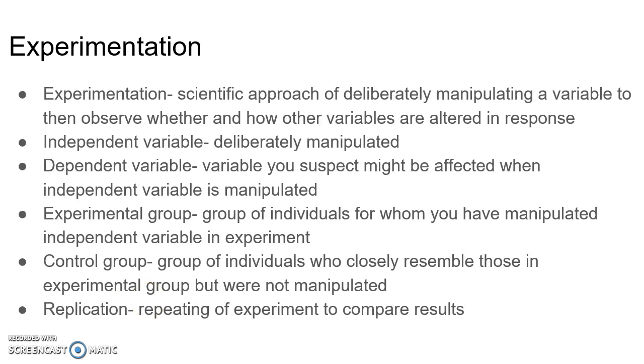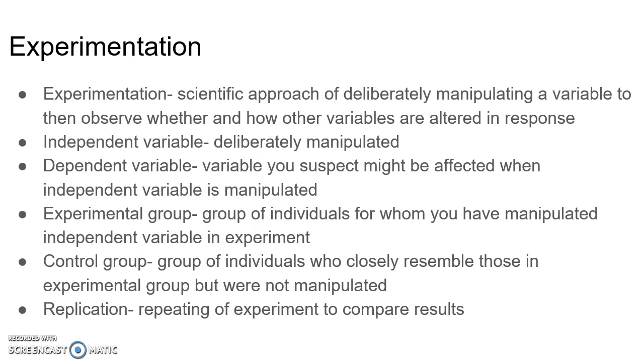Once the hypothesis is established, we then move into the experimentation stage. Experimentation is the scientific approach of deliberately manipulating a variable to then observe whether and how other variables are altered in response.